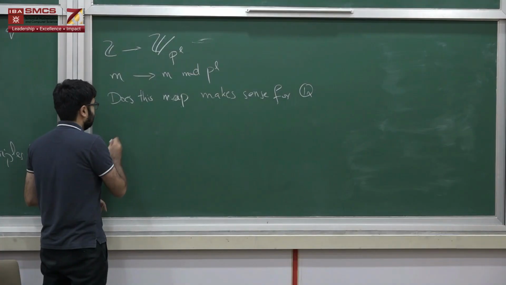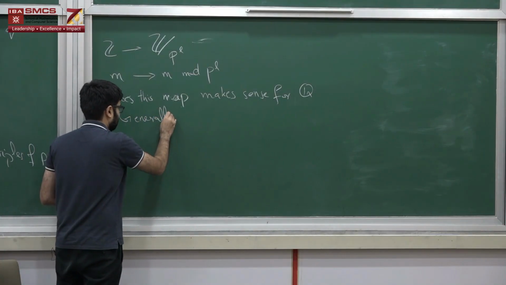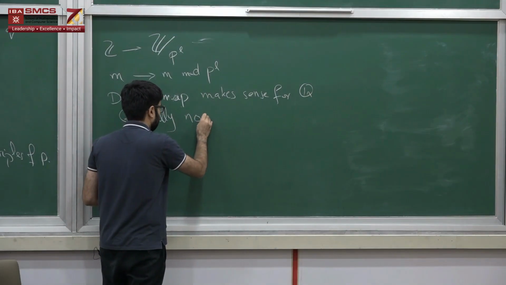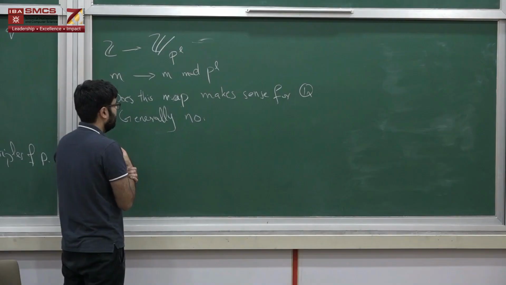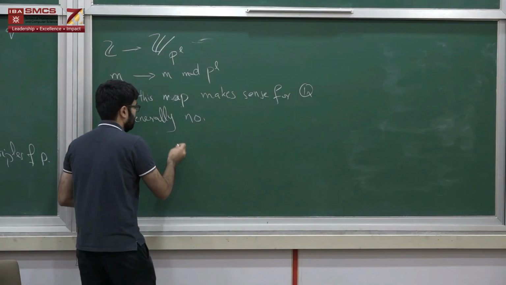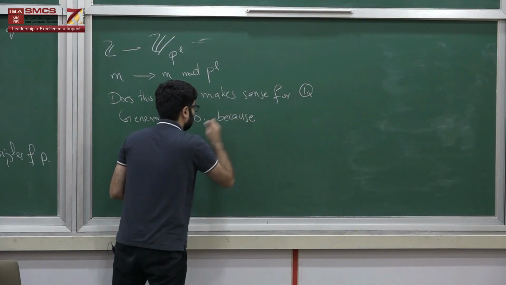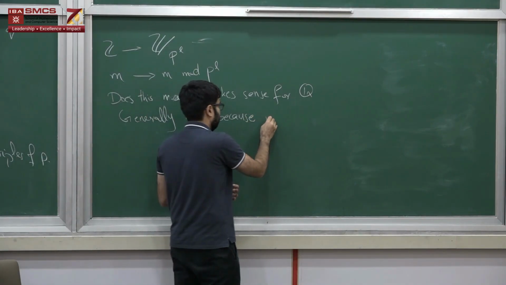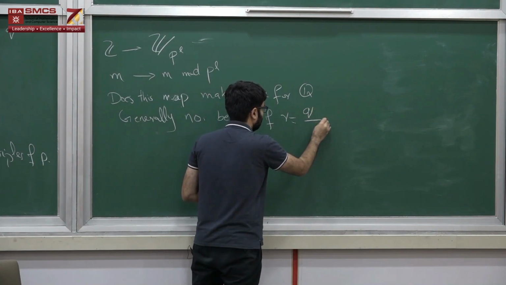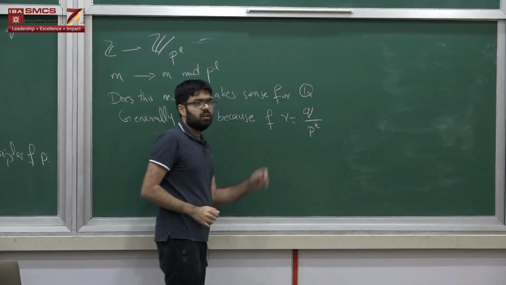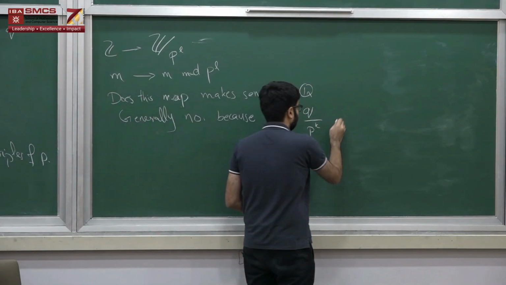So generally no, and the reason is, if r is q over p to the k for some k, we run into problems.